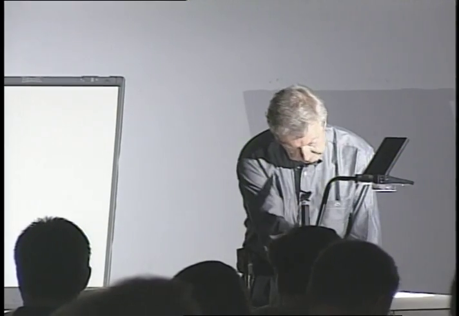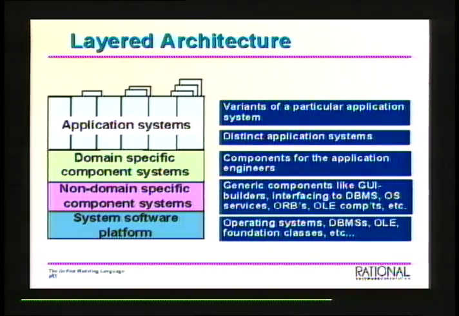An example of an architecture is the layered architecture. In this architecture, you have the bottom layers, which are the system platform in terms of operating system, database management systems, and so on.